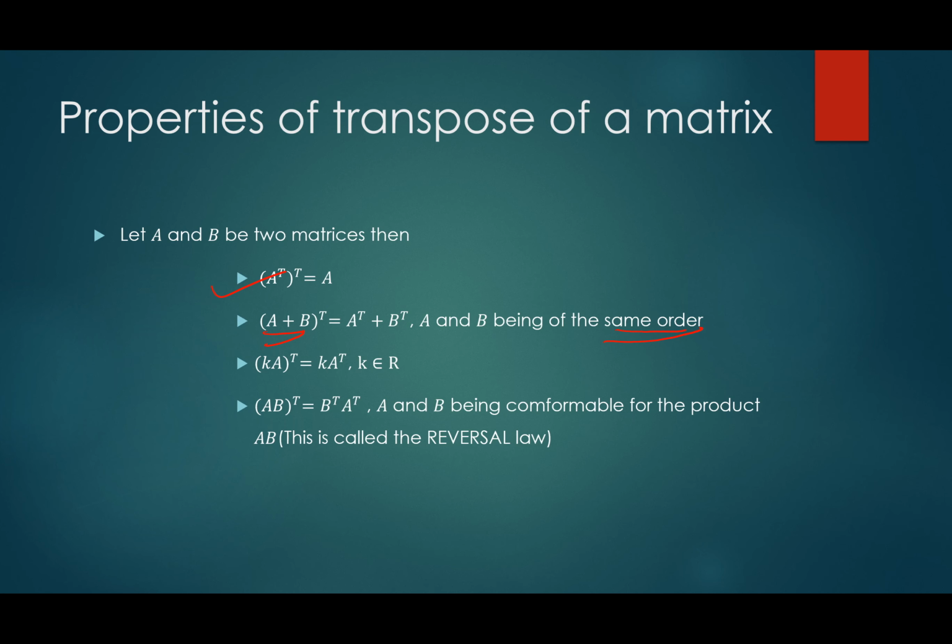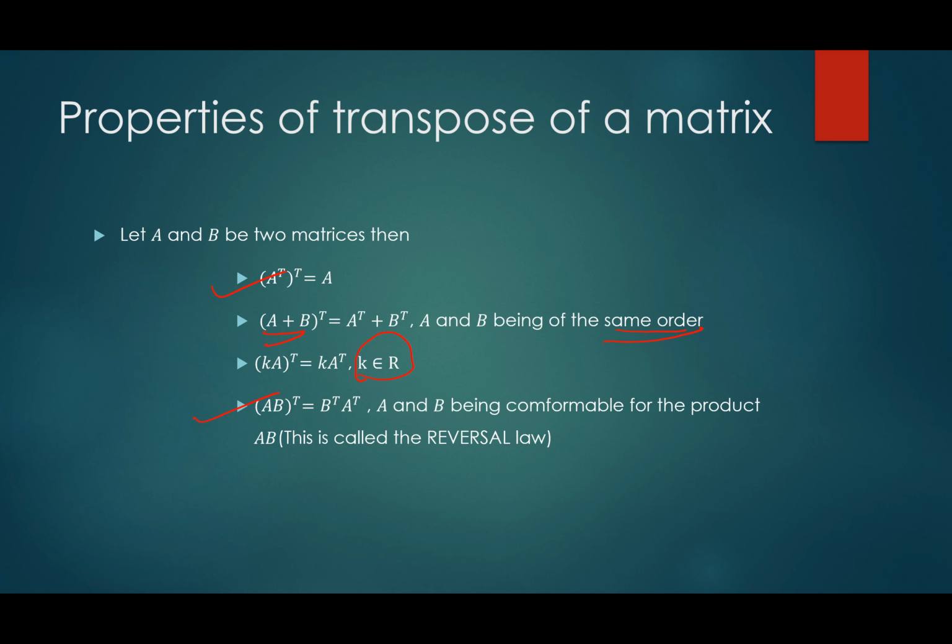Now suppose I have a scalar K belonging to R, means any scalar value. If it multiplies A and then we take the transpose, it is equal to K into A transpose. Means first you multiply by K then take the transpose, or first take the transpose then multiply by K. It's one and the same. Next point: we have two matrices which are multiplied, so we get the matrix AB.